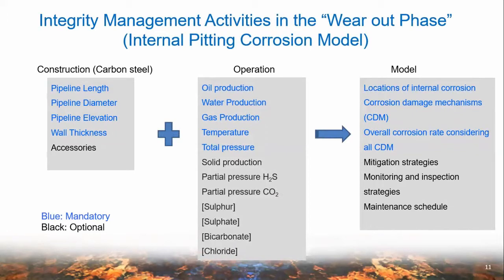Most of our pipelines are constructed using carbon steel, so the internal pitting corrosion model should address the pitting corrosion of carbon steel. The second thing, the model should have the ability to predict the locations of internal corrosion, corrosion damage mechanisms, CDM, and overall corrosion rate, considering all CDM.